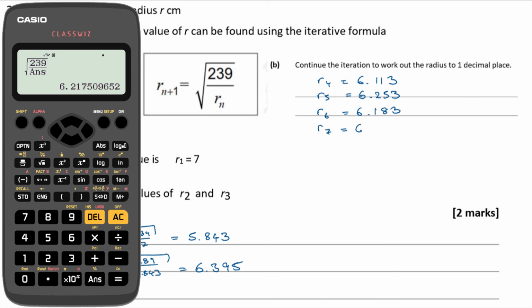R7 equals 6.218. Still bobbling between 1 and 2. Next one, R8 equals 6.200. R9 equals 6.209.